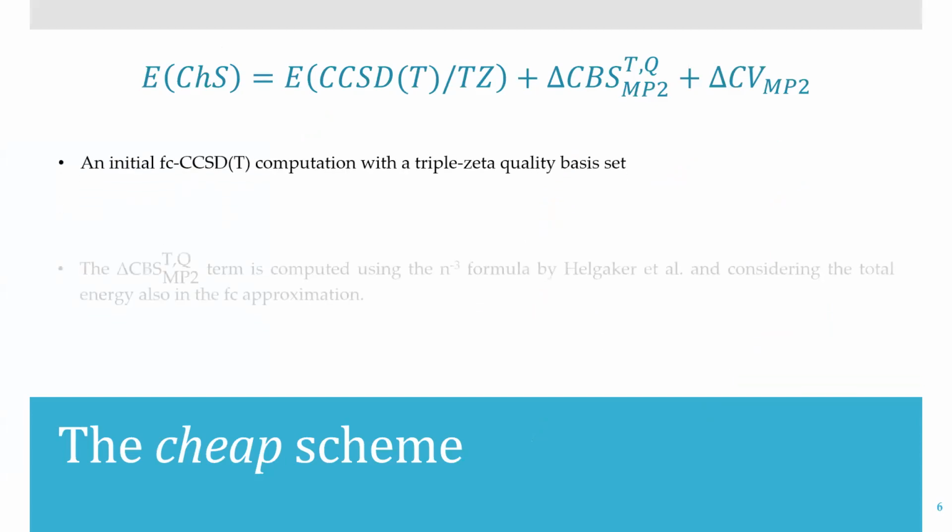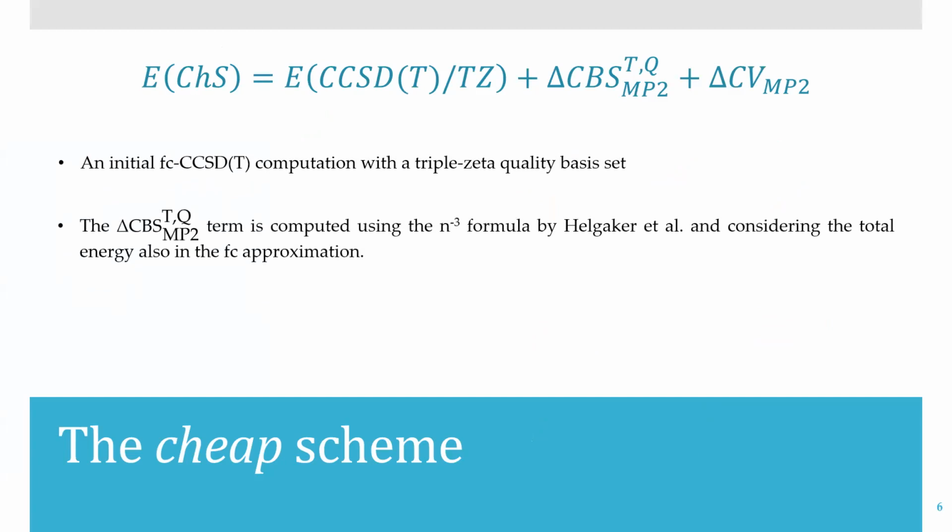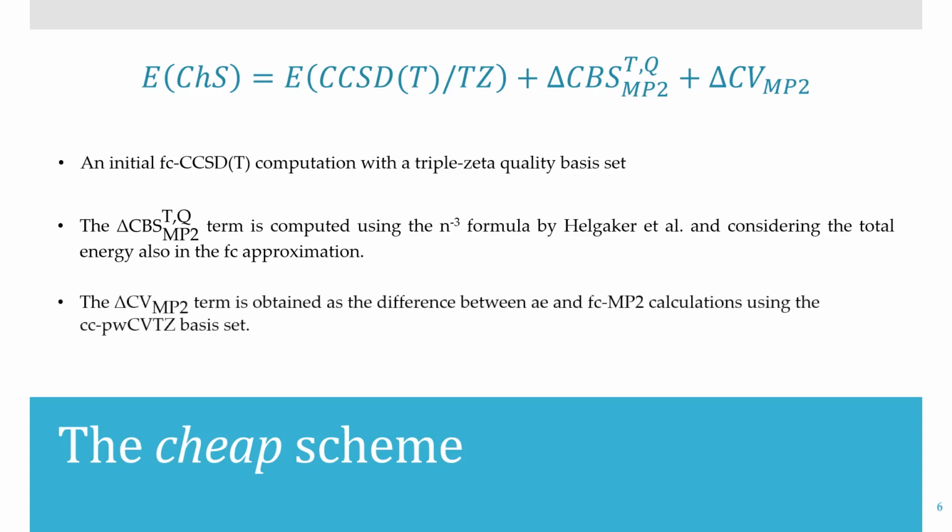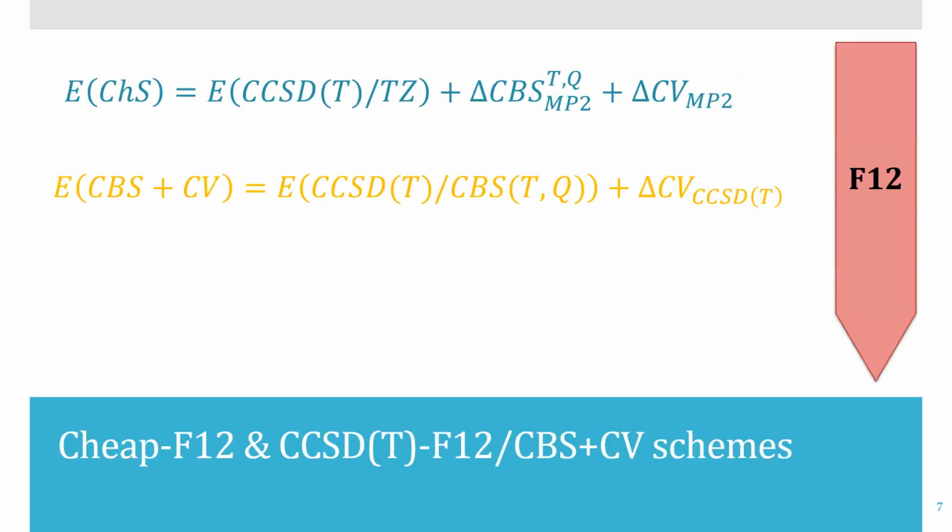And then we run two calculations with the MP2 method with triple and quadruple zeta basis sets, and we extrapolate the MP2 method to the complete basis set limit. This is much cheaper than extrapolating the CCSD(T) method, but very effective. And then we add the last term, which is the core-valence correction, using still the MP2 method and taking the difference between an all-electron and a frozen core calculation with a triple zeta basis set.